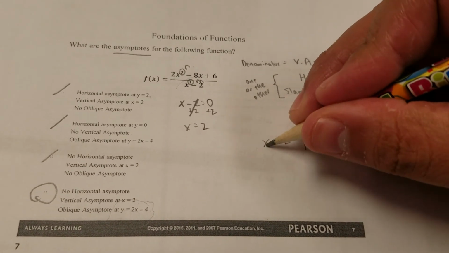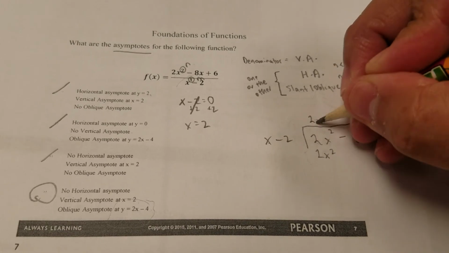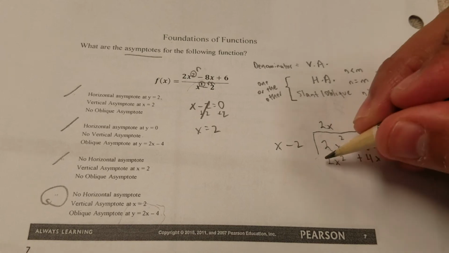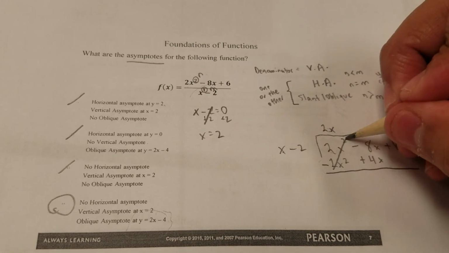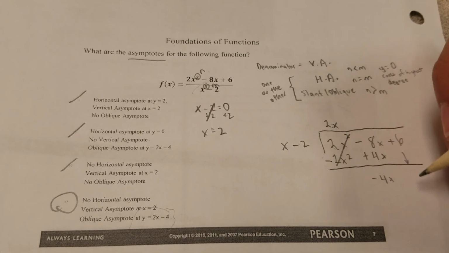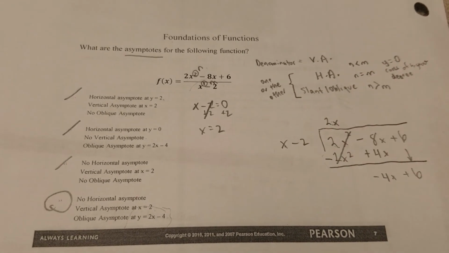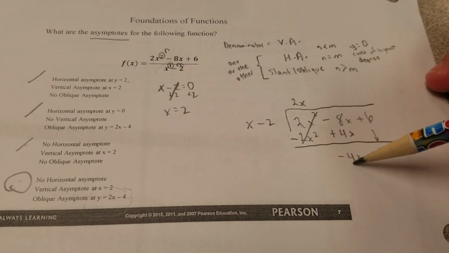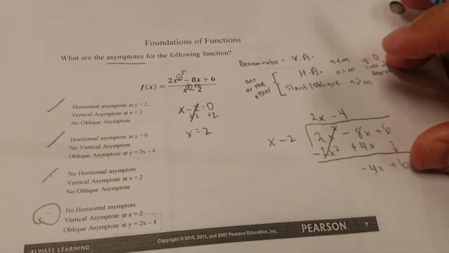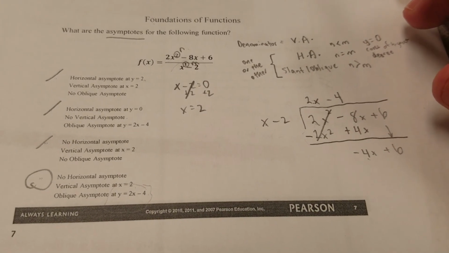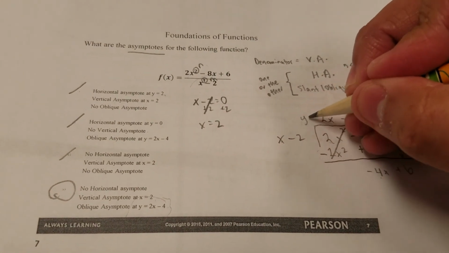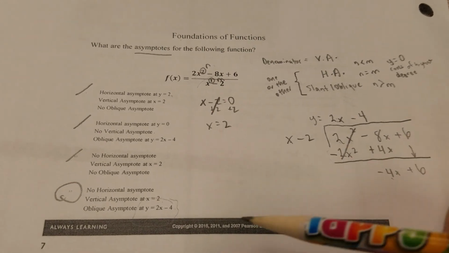Now multiply 2x times x is 2x squared. 2x times negative 2 is negative 4x. And I switch the signs here. So negative 8 and plus 4 is negative 4. Okay, and now I start the process again. So here the coefficient is negative 4 divided by 1, so it's negative 4. And I can stop there because the rest is just going to be remainder. So the slant happens here, 2x minus 4, which is what it says here anyway.